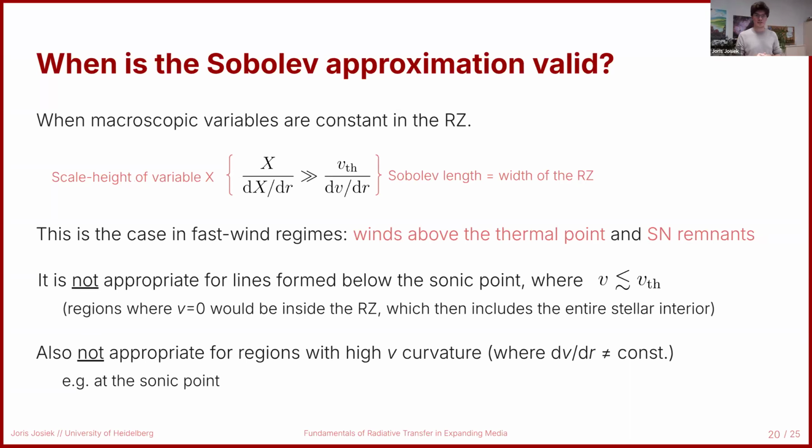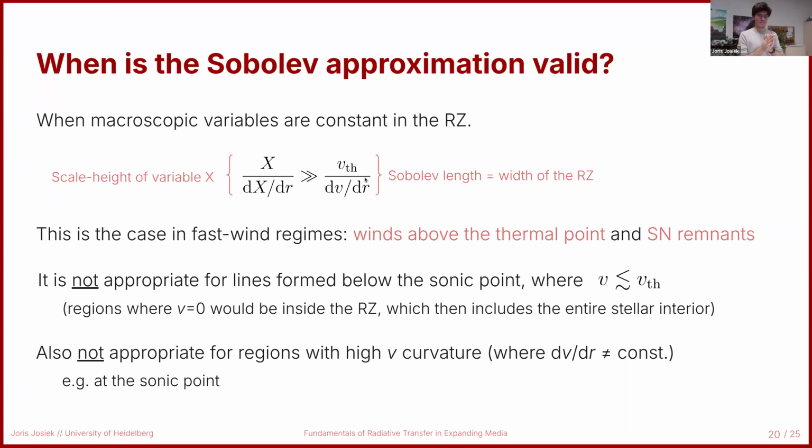And mathematically, the condition for this is that the scale height of some variable, so the length where some variable changes significantly, must be much larger than the width of this resonance zone, also known as the Sobolev length. And this is on the order of the thermal velocity, because this width has to do with the intrinsic line profile width.